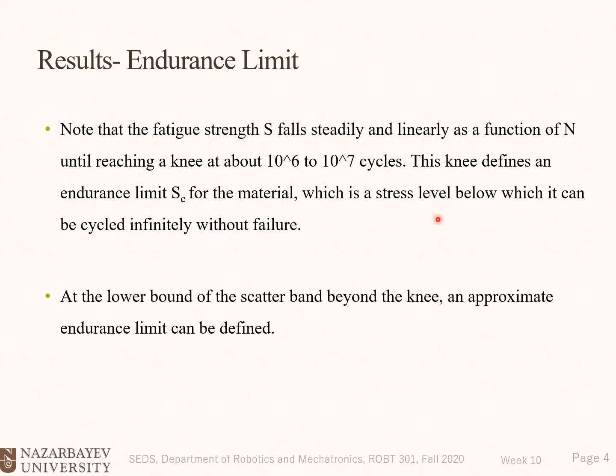Okay, so not all materials show the knee or endurance limit. We have it for steel, but for example, we don't have it for aluminum. But when it happens, it usually happens around this number of cycles, 1 million to 10 million cycles.